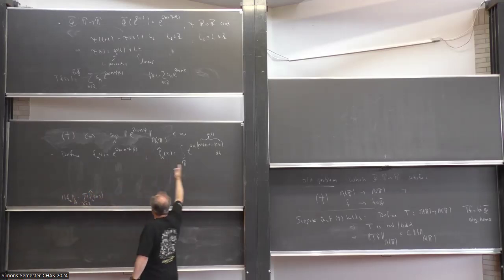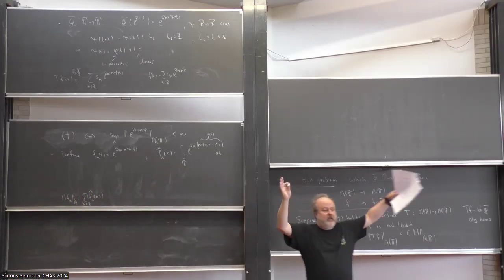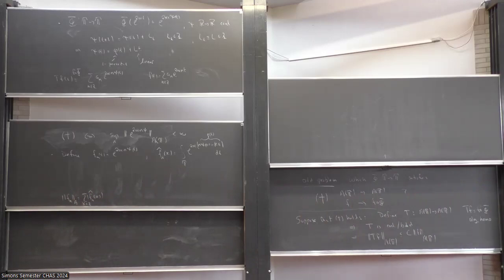So I have to look at all these oscillatory integrals. I have to understand this as a function of k and sum them all up, and then understand whether it's uniformly bounded in little n or not. So it's quite the task.